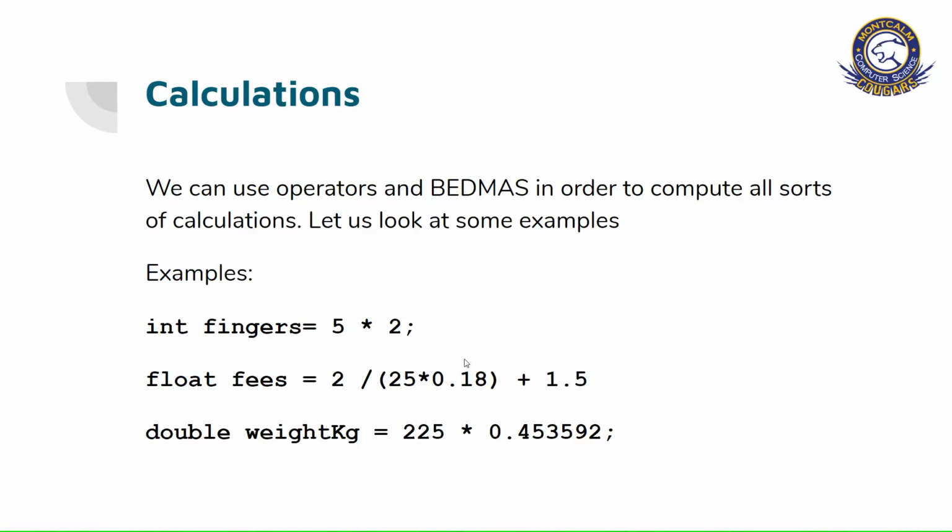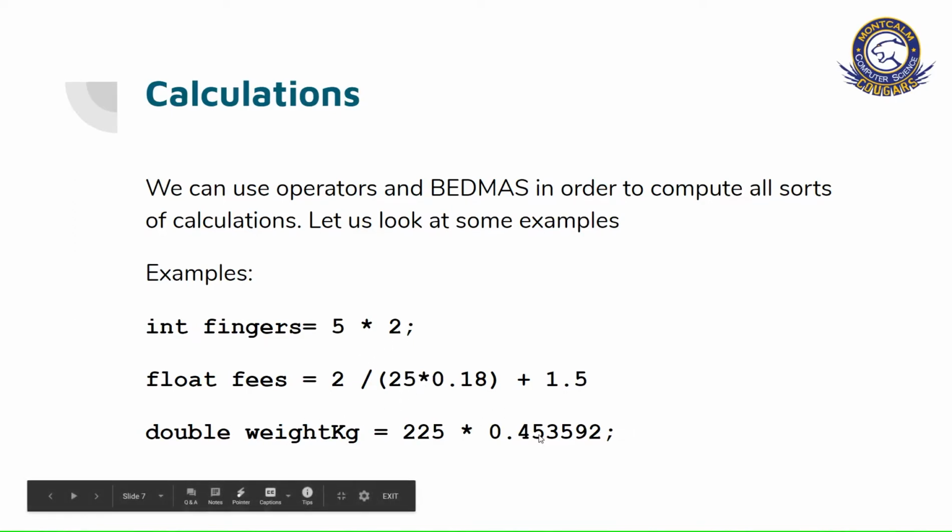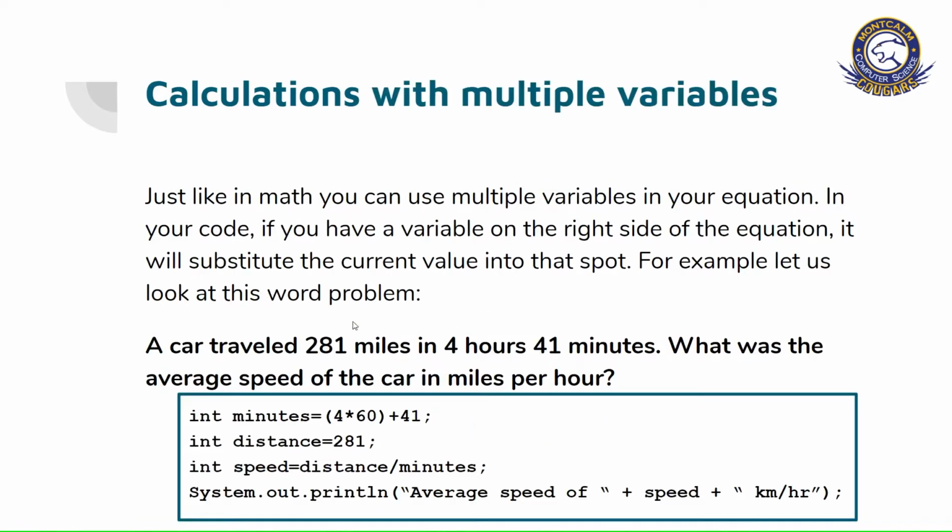That's how BEDMAS can affect a calculation, and we can basically use it just like you would in math. We just need to make sure that we're using the operator symbols that are the same as in math class. I've given you some examples of how we can do calculations here.